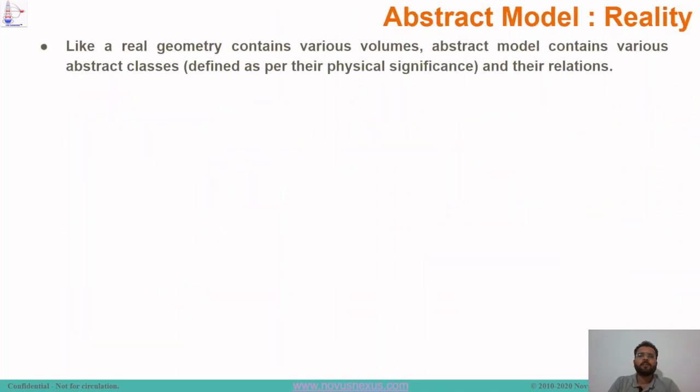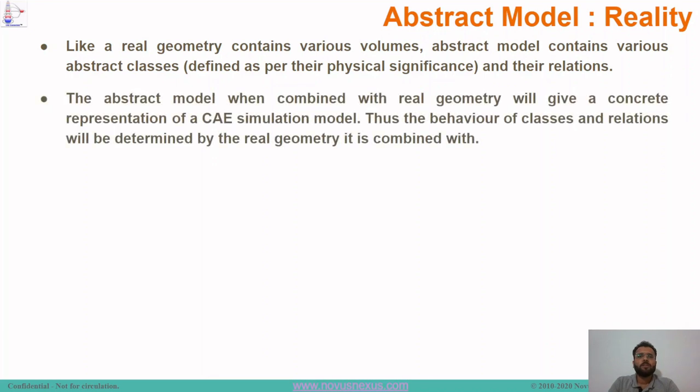Let's now understand the abstract model reality. Like a real geometry contains various volumes, an abstract model contains various abstract classes defined as per their physical significance and their relations. The abstract model, when combined with real geometry, will give a concrete representation of the CAE simulation model.